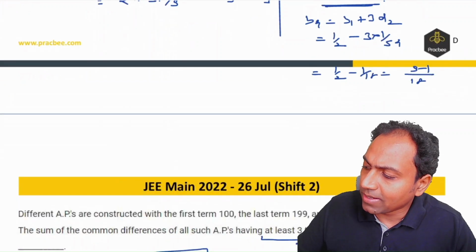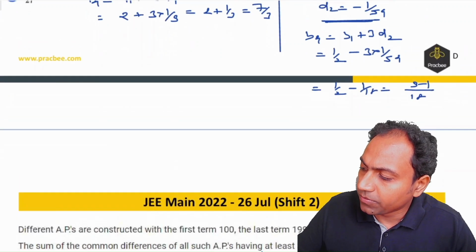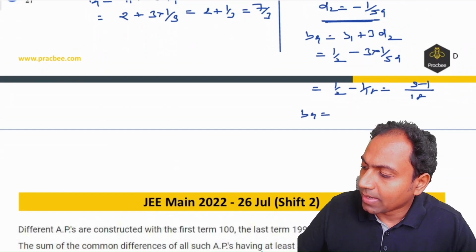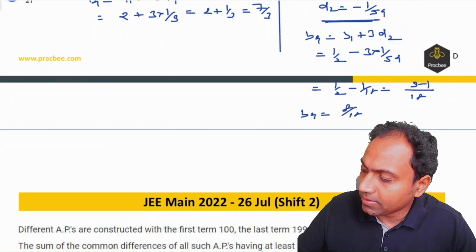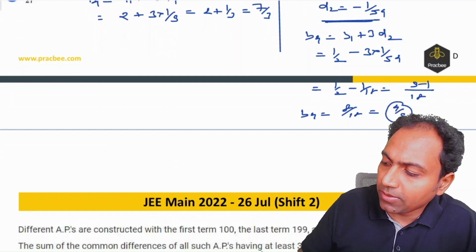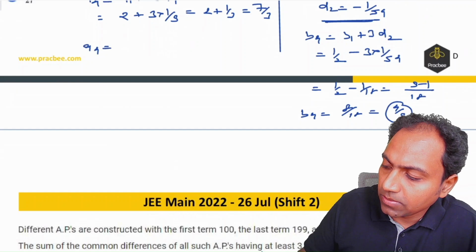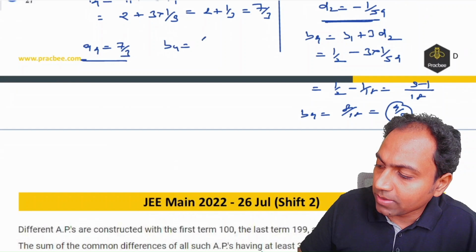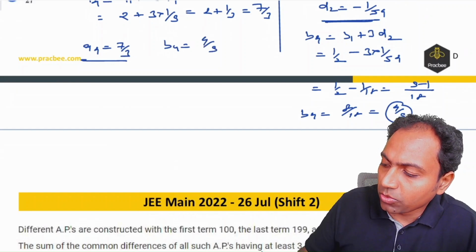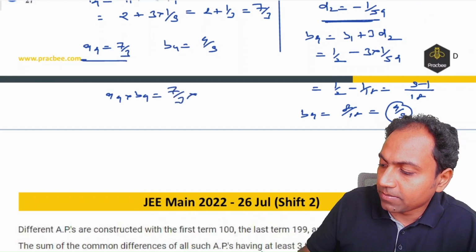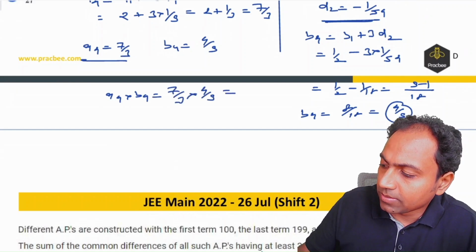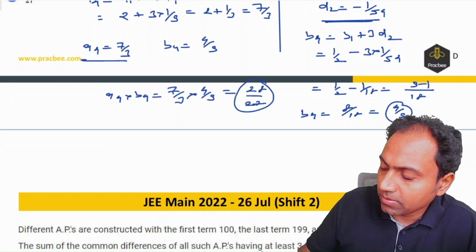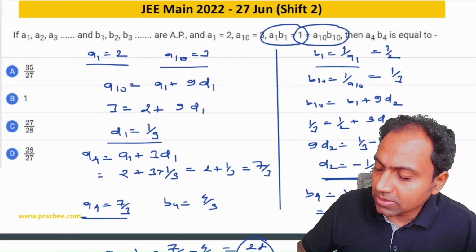If you simplify that, you get the value of B4 as 8 by 18 or 4 by 9. So your A4 was 7 by 3 and your B4 is 4 by 9. If I want to find A4 into B4, I can easily get it by multiplying them, and it comes out to be 28 by 27. If I look into my options, that is option D.